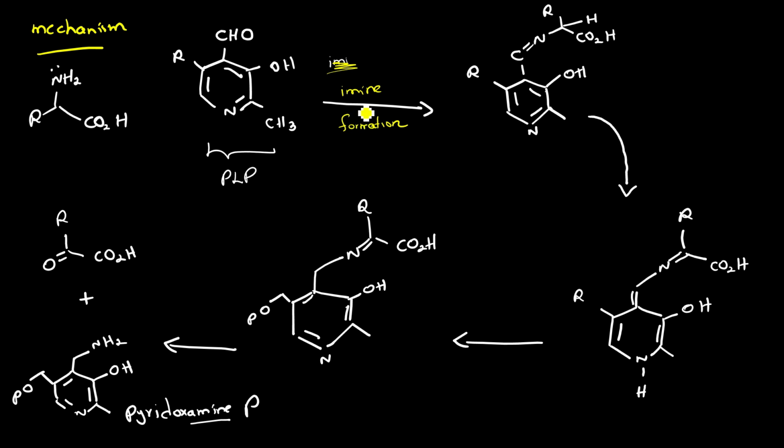I hope you know the imine formation, which is a very basic reaction in organic chemistry. I have explained it in two to three previous videos, right? So I will put the link in this right corner. Basically what happens is this: there's a carbonyl, this is a carbonyl compound, right? So oxygen is replaced by this nitrogen here, just like this.